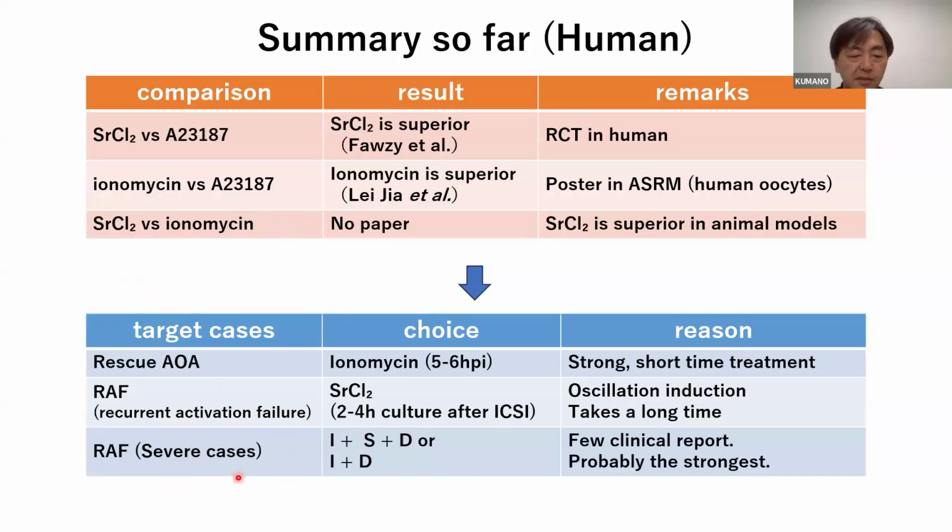In such severe cases, I think it's better to treat with a combination of ionomycin plus 6-dimethylaminopurine, or ionomycin, strontium, and this 6-dimethylaminopurine. But actually, there are few reports in human, so it's necessary to get approval from the ethical committee.